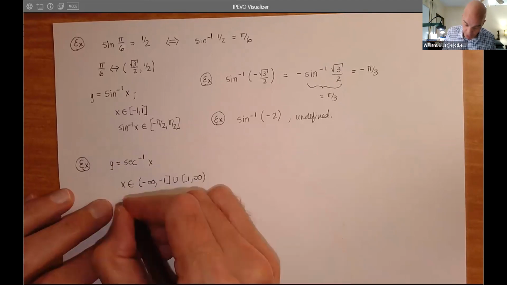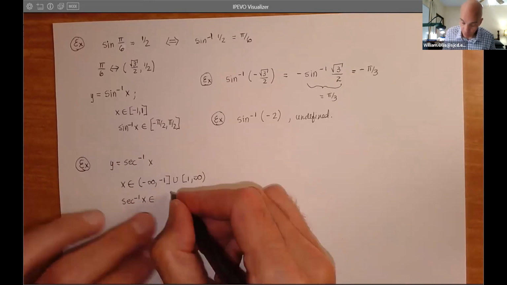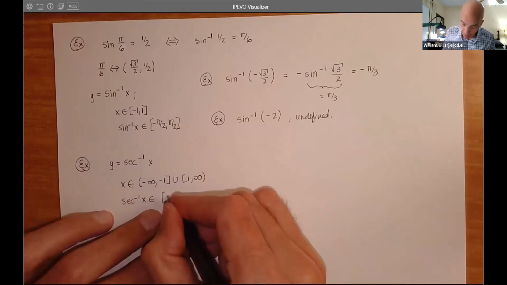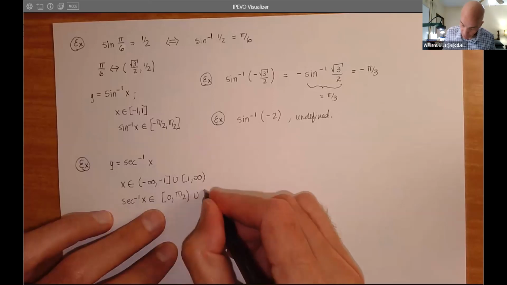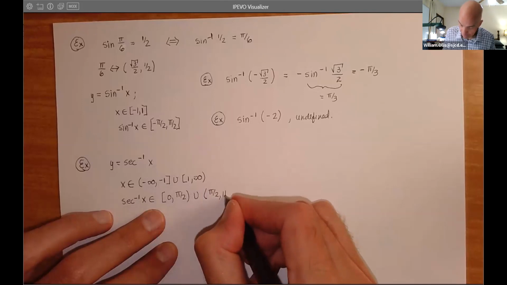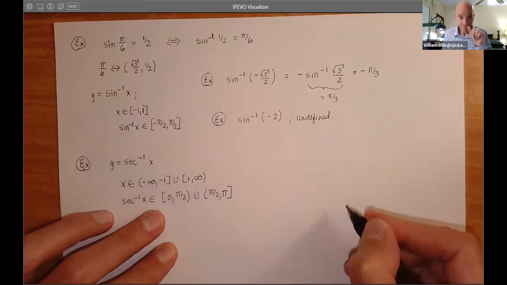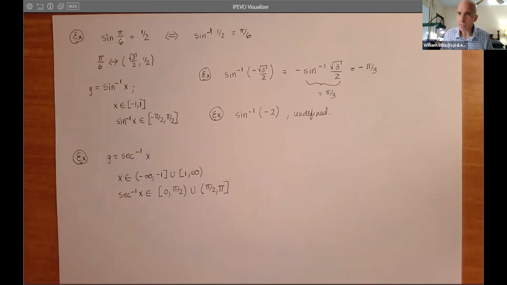And then the inverse secant of x lies between 0 and pi if you leave out the pi over 2. Okay? So now we're like, okay, well, this is a fairly straightforward function.